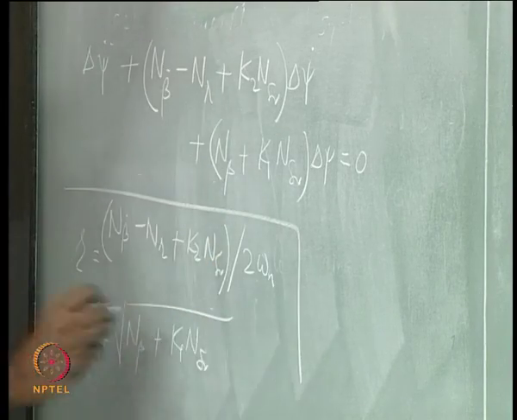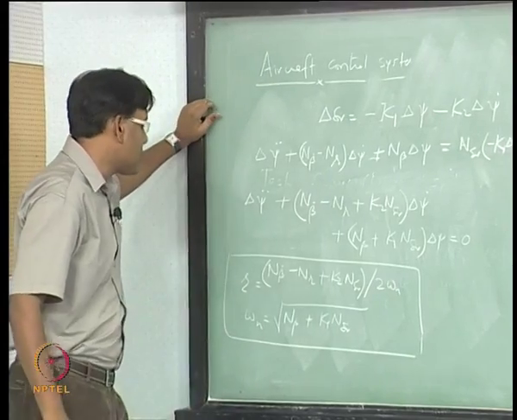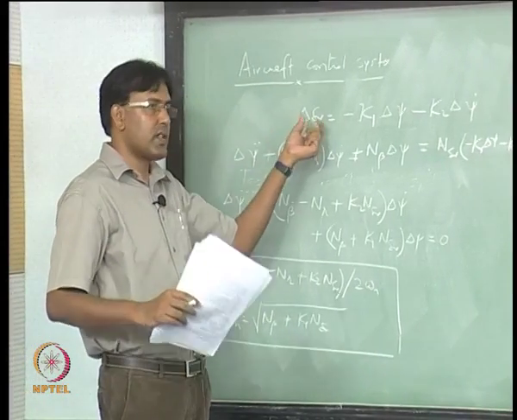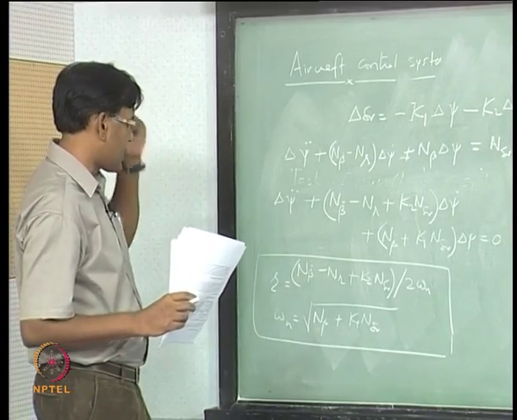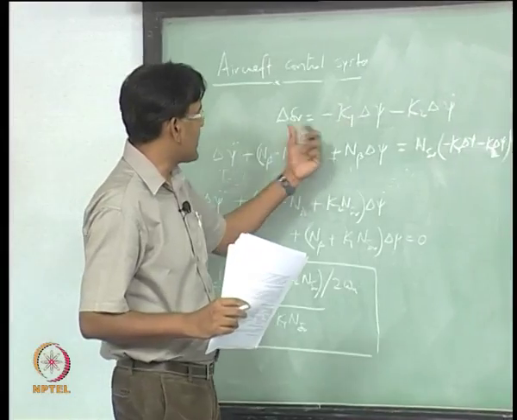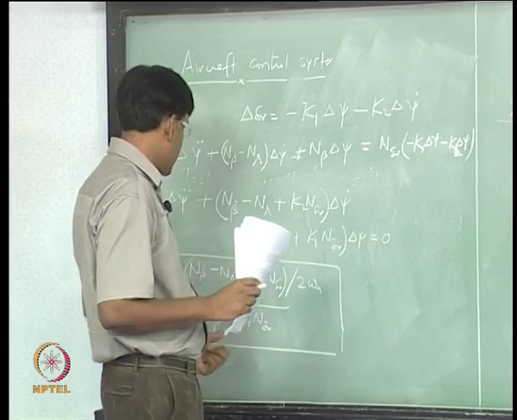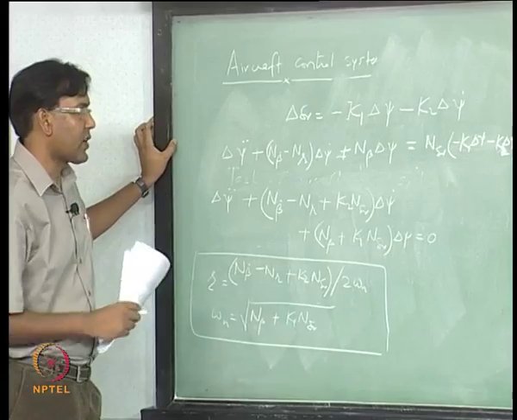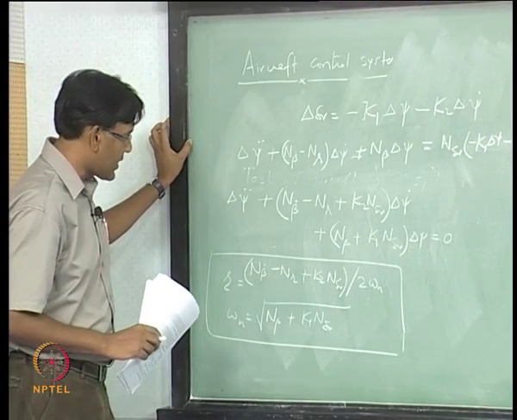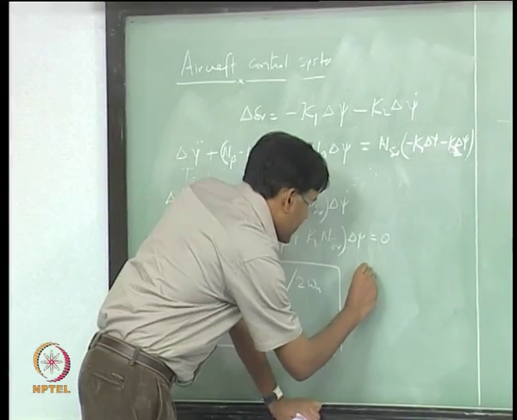So, clearly, if we deflect the rudder around the equilibrium value of delta r corresponding to that particular trimmed condition in this fashion, then we can modify the damping ratio and the frequency characteristic and the location of the eigenvalues in the complex plane, and that is done through these two gains K1 and K2, which can be adjusted.